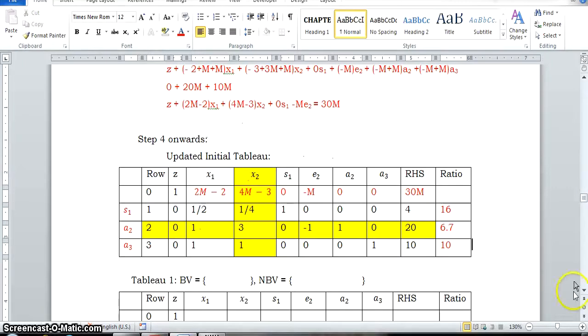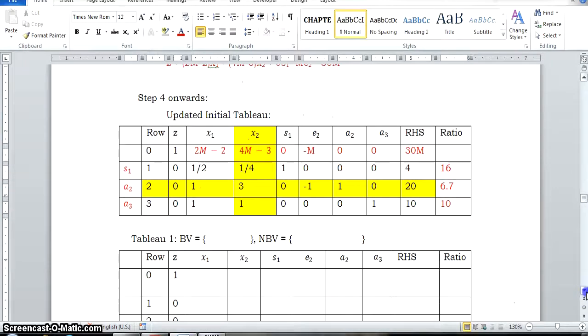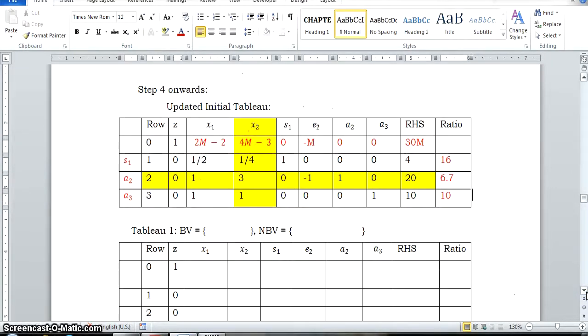Next, we update the tableau. Basic variables in tableau 1 are S1, x2 and A3. Others are NBV.